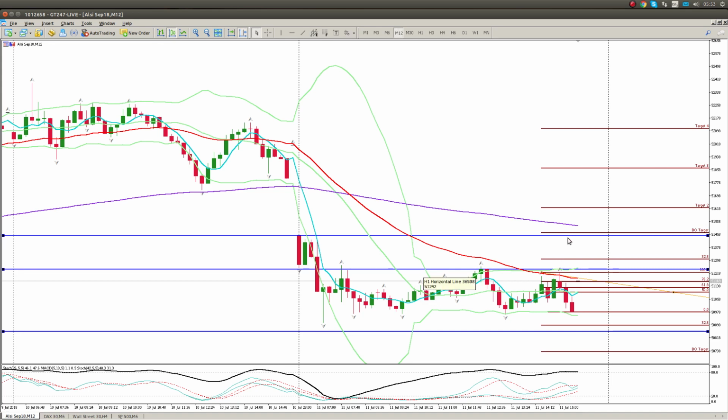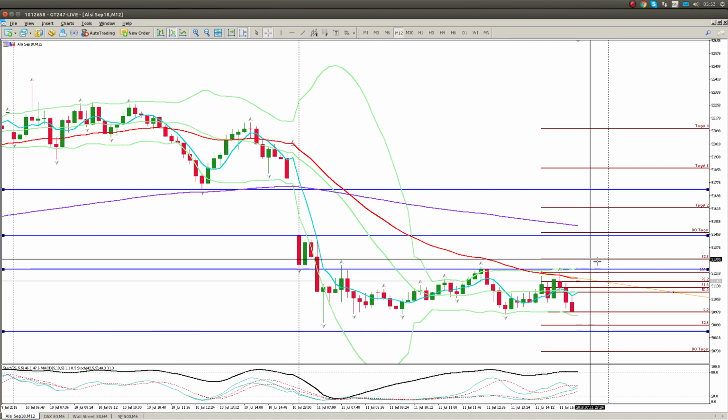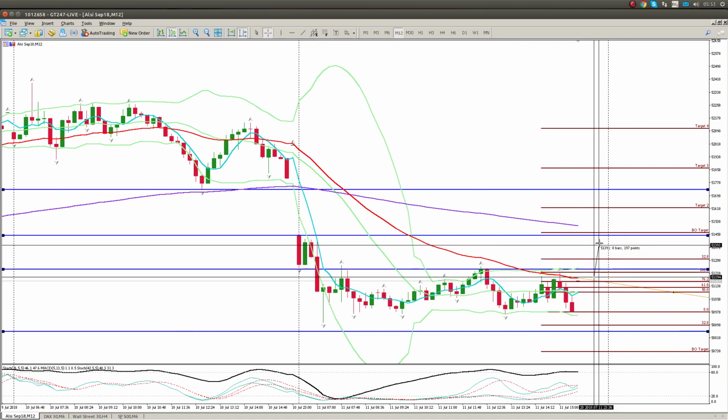A break above that will bring this target into place, 51,450. A break above that will bring a retest of the bottom area here into play, and that is 51,735. So that's my play for today: I'm looking for longs off the bottom here, and we'll play it by ear to see how far we go. But you do have some sizable targets up here.